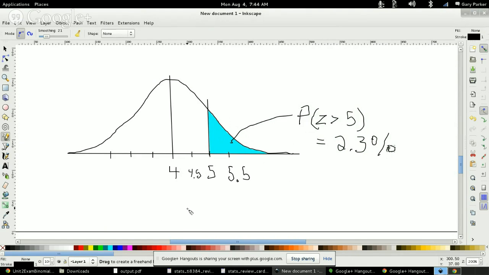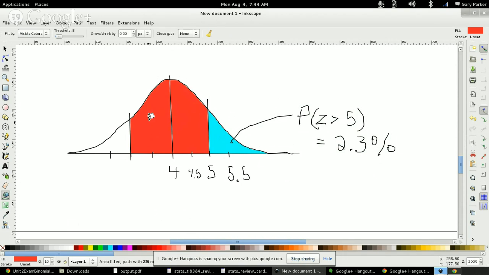Does that make sense? Let's think about that for a minute. Always good to double check yourself. So here's 2 standard deviations to the left. Oops. I remember something called the empirical rule. Let's pick a new color, how about pinkish.